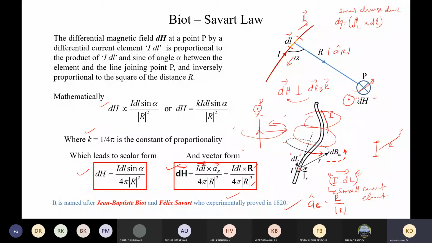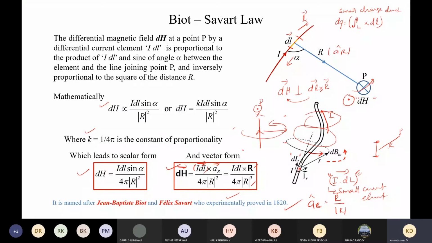The Biot-Savart law clearly tells us that whenever there is a line or a particular surface or structure carrying a current in a particular direction, the current direction is very important here. That is described by this vector. Whenever a current is traveling in a particular direction, the magnetic field will be available just around it.